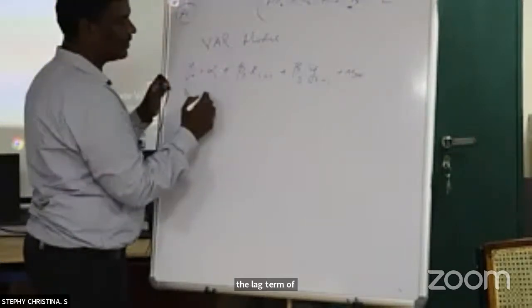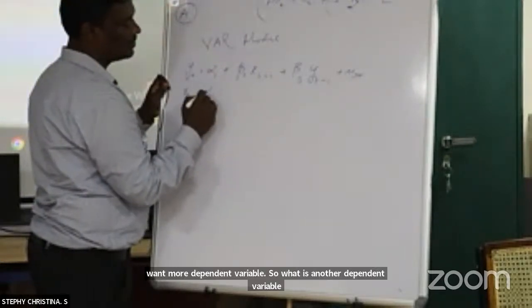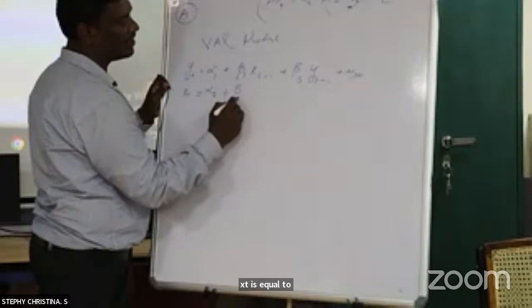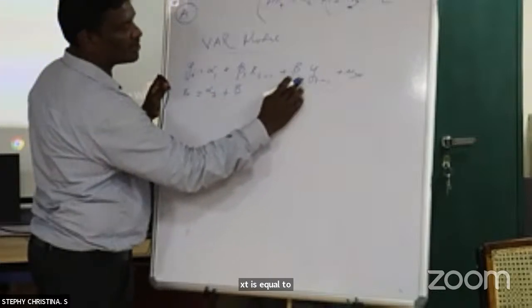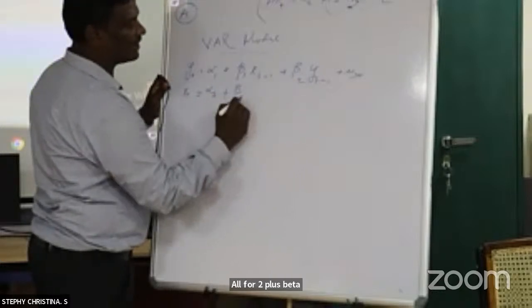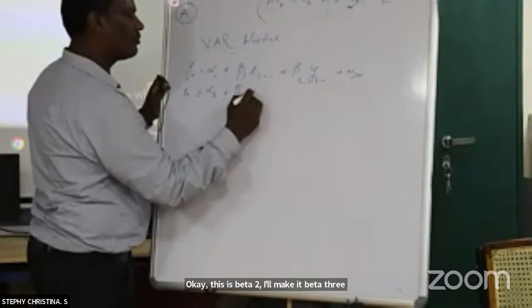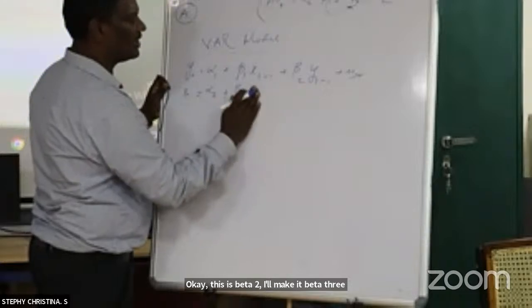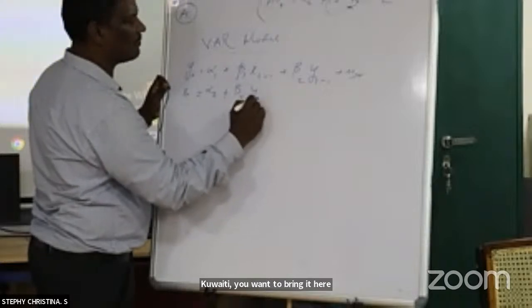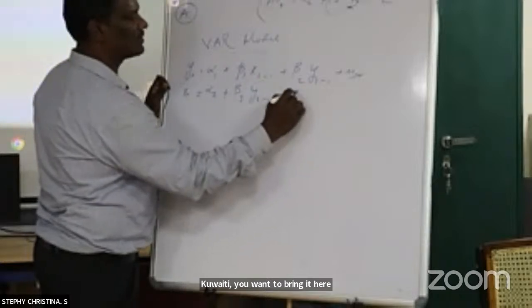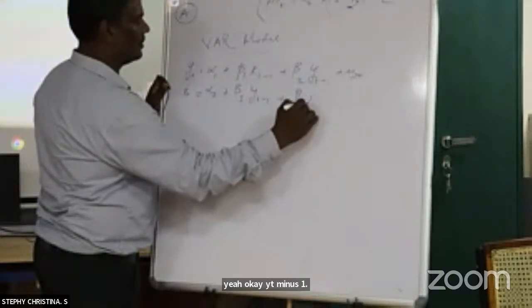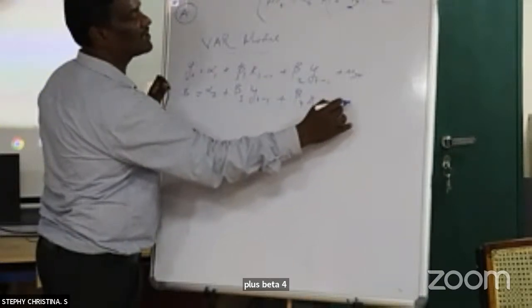Xt is equal to alpha 2 plus beta 2 yt minus 1 plus beta 4 xt minus 1 plus u2.